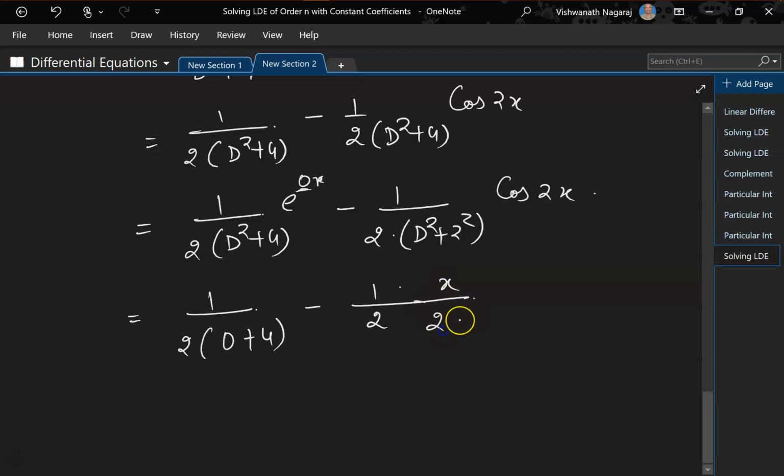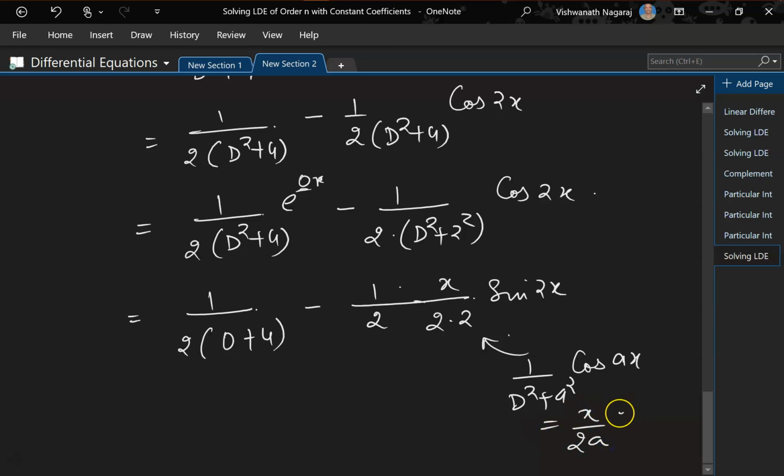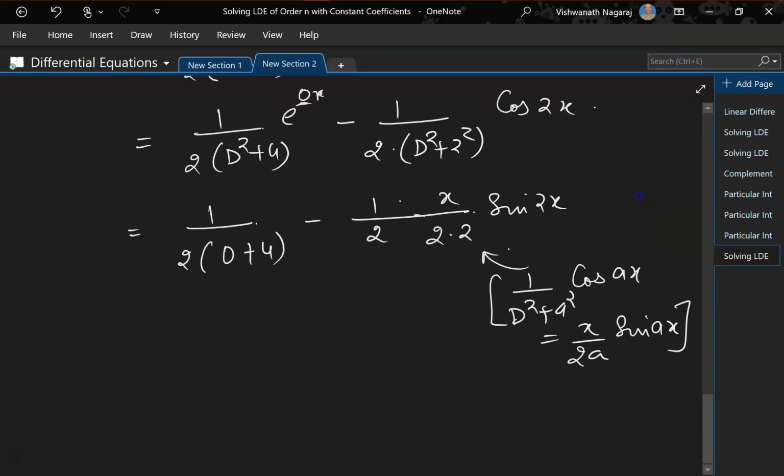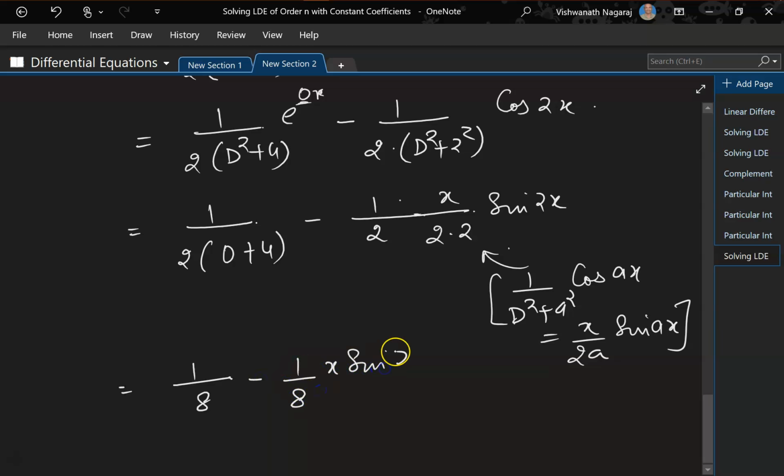Remember, so here 2 times 2, sin 2x, right? Remember, this is because of the previous session's result that we had arrived at, 1/(D² + a²) cos ax = (x/2a) sin ax, right? So now what do we end up with? We end up with 1/8 minus (1/8) x sin 2x.